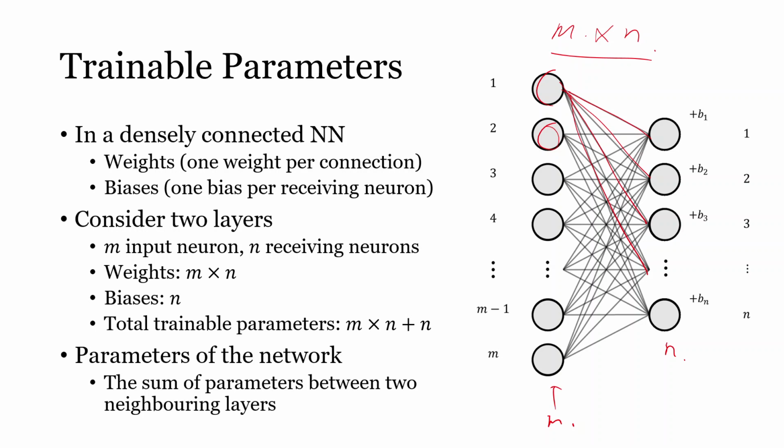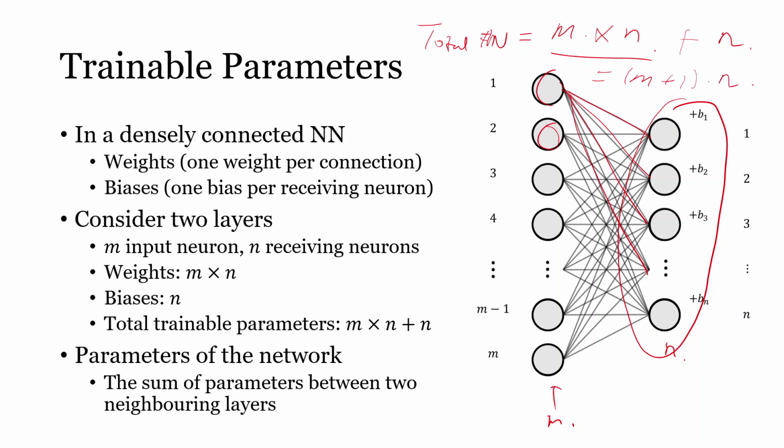Okay, and also for all the receiving neurons, there will be a bias, which means the bias number will be N. So the total trainable parameter number is equal to M times N plus N, which means it will equal (M plus 1) times N.